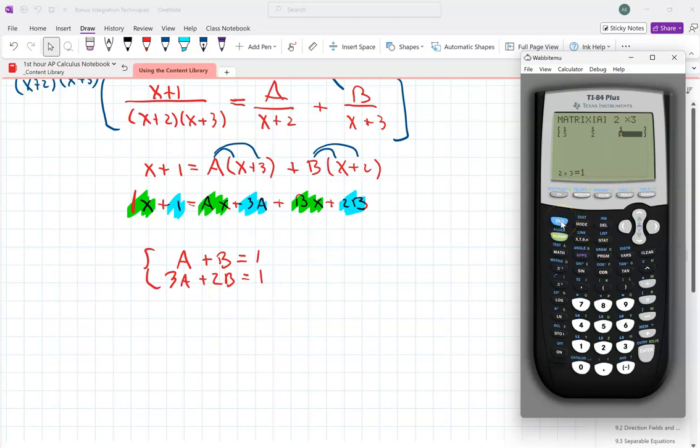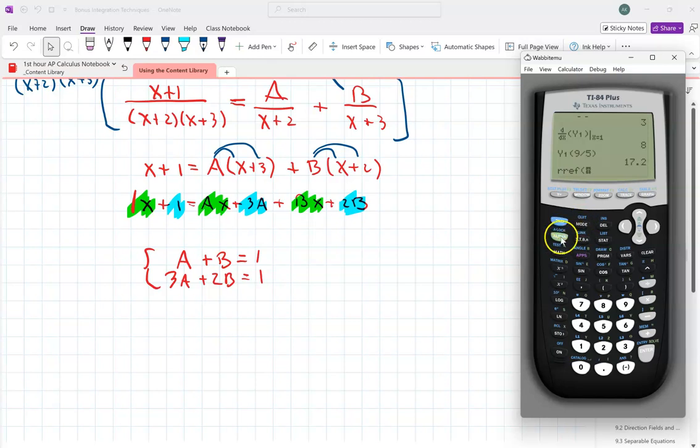Once I have my system entered, I'm going to exit out of the matrix menu and then go back into it. So second x to the negative 1 again to open the matrix menu. This time I'm going to go over to the math tab and scroll down until I find the command rref. Make sure you get the one with 2 R's.